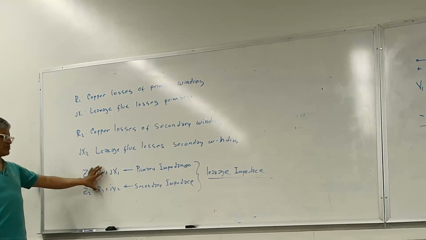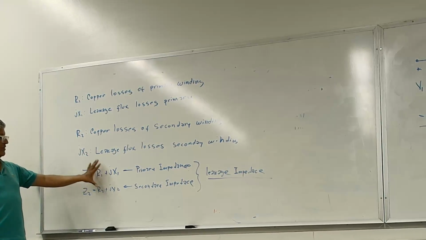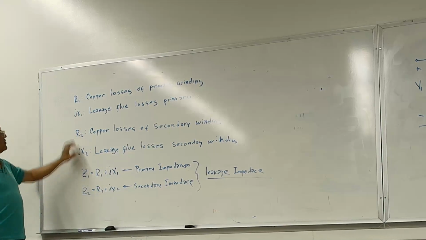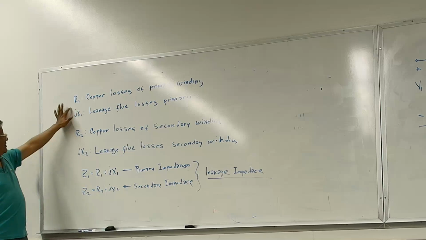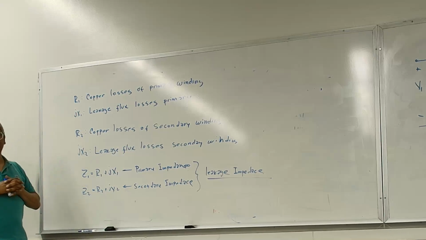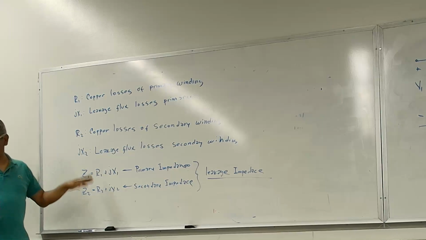We'll get to a point where we actually combine these. When the manufacturer of a transformer gives you this information, they will not give it to you as separate R1, R2, JX1, and JX2. They give it to you as a combined value. We call that the equivalent leakage impedance of the transformer. We'll talk about that.